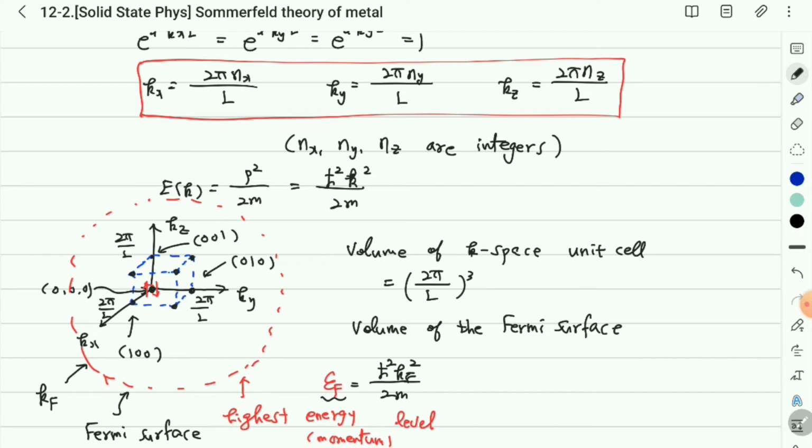The volume of the Fermi surface, which we call capital Omega, is 4/3 π kF cubed.